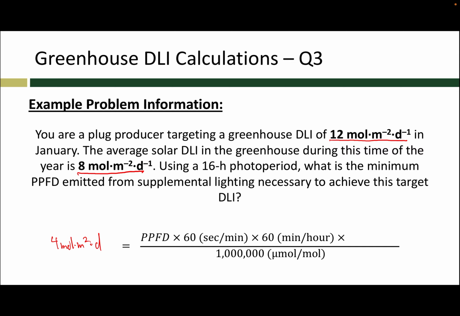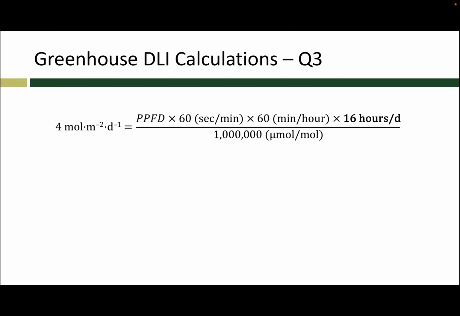We're trying to solve for PPFD, so we don't want to put anything in that position yet in the equation. But what you'll see is that we mentioned that we are going to use, in this case, a 16-hour photo period. So we can go ahead and put that into our equation here. 16 hours per day. That's how long we're going to have those lights on. So similar to our last question, I went ahead and populated our information in the equation up here above based on what we just wrote on that previous slide.